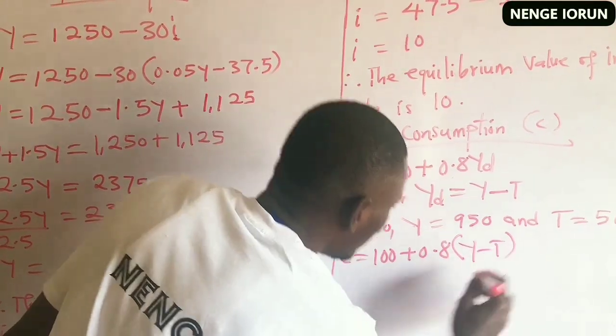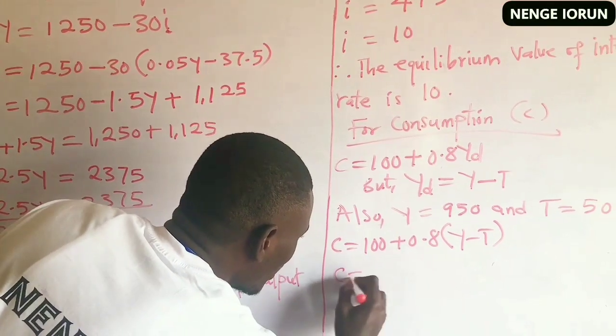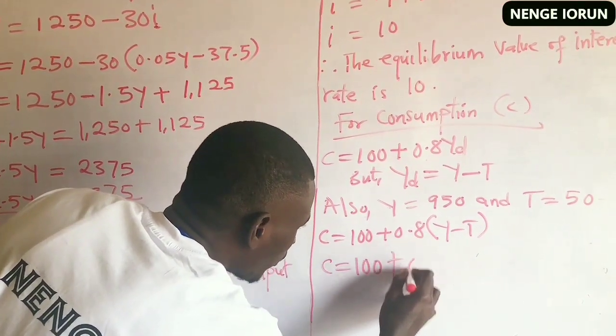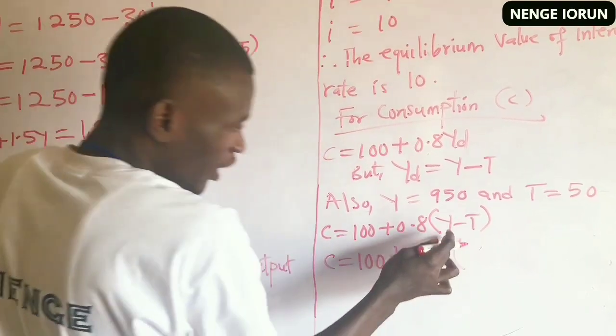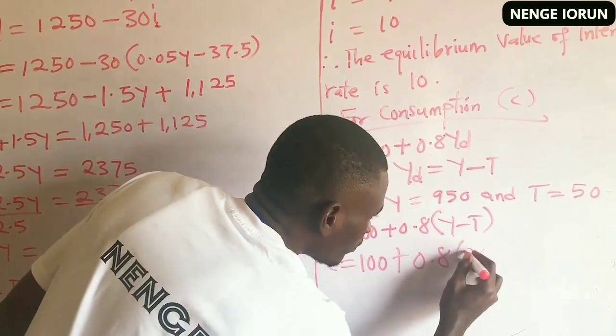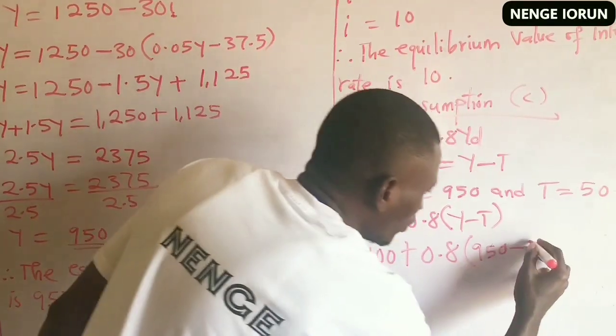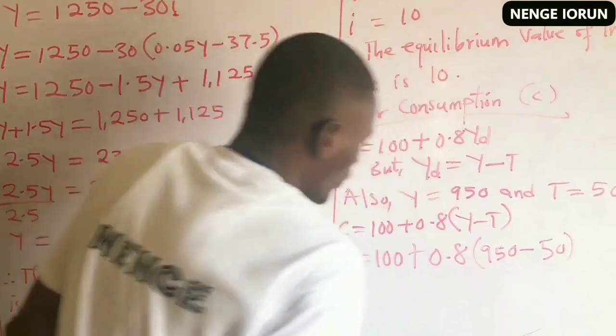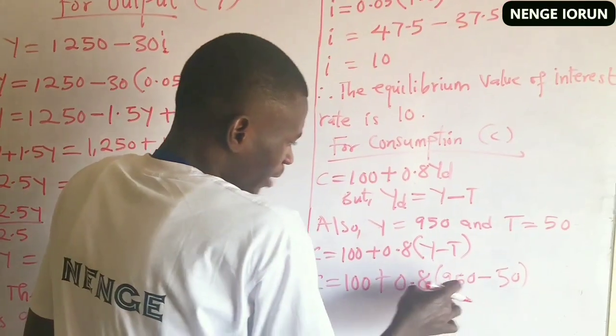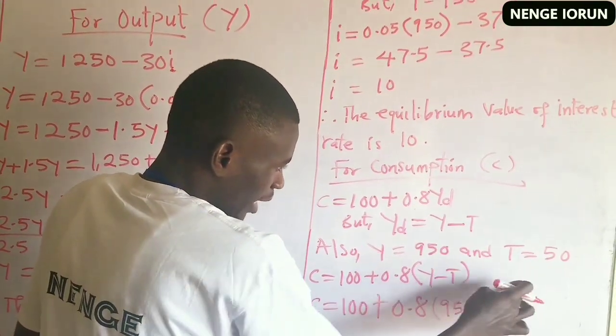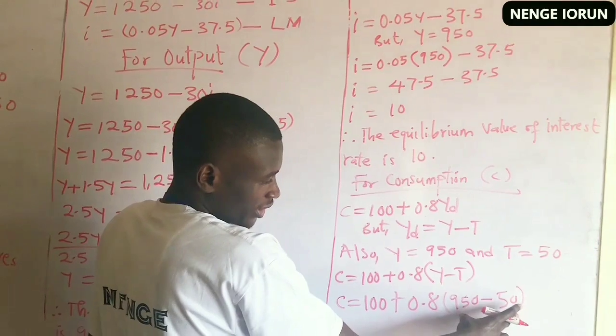So now C is equal to 100 plus 0.8, in place of Y we put 950, minus T, in place of T we put 50. Going by BODMAS, you first solve what is in the bracket.